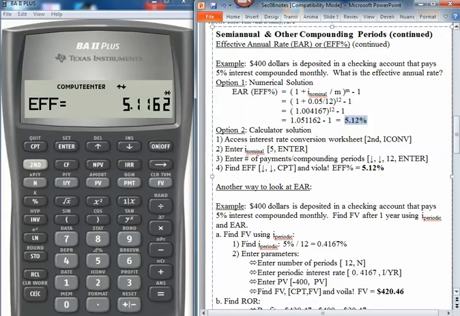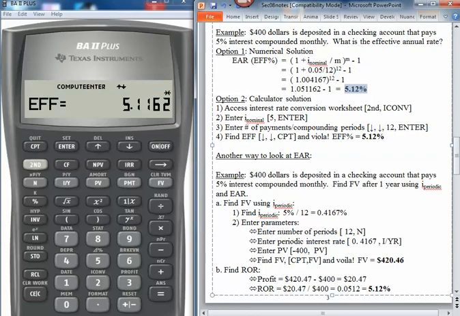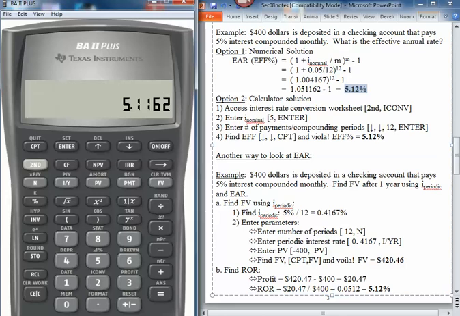Another way to look at this is to assume that we deposited the $400 into a checking account that pays 5% compounded monthly. Let's calculate the future value. I'm going to make sure my P/Y, or payments per year, is set at 1, and I'm going to clear the time value of money. Over 1 year, we would have 12 compounding periods, or 12 months.